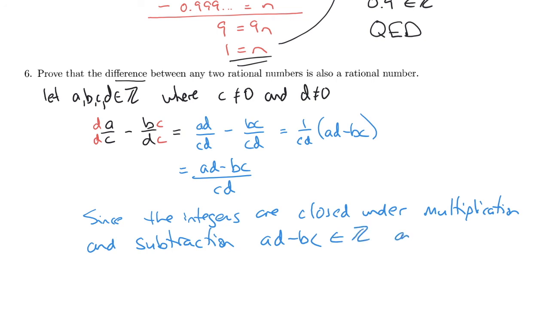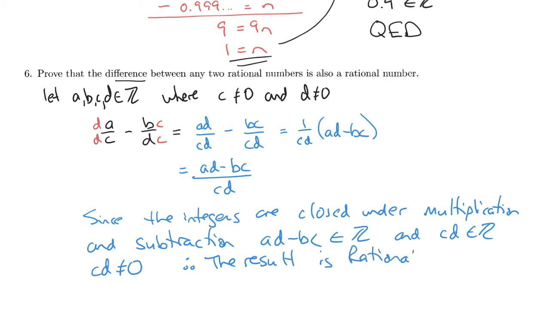Likewise, CD is an element of the integers. Additionally, because of the restrictions up here that neither C nor D is equal to 0, we know that CD is also not equal to 0. Therefore, the result is rational. It's going to end up being an integer over an integer. And there we go. That's what we wanted to show.